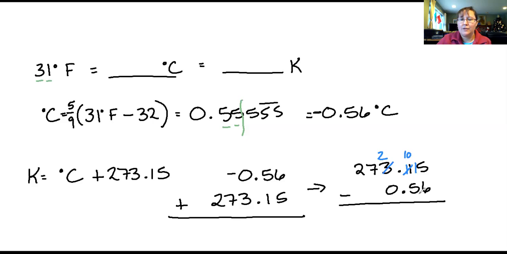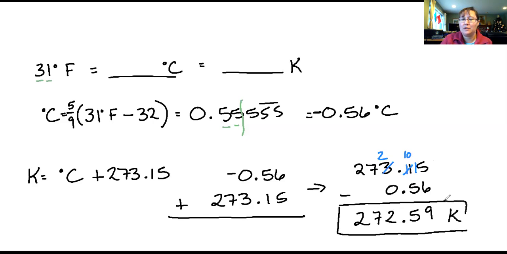Okay, so now I have 15 minus 6 is 9, 10 minus 5 is 5, put in my decimal point, and I have 2, 7, and 2. Now, remember our rules for adding and subtracting say our least number of decimal places, which means that we would keep all of this. And I would just put in my Kelvin temperature like that. Okay. And there are my two answers for this conversion.